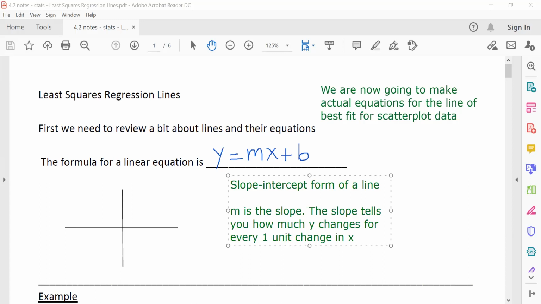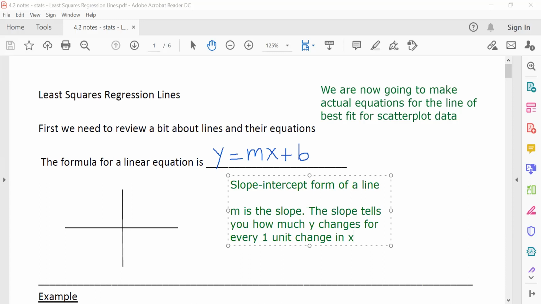If the slope were positive 3, then as I increase x by 1, y also increases by 3 because the slope was positive 3. If the slope were negative 2.5, then every time I increase x by 1, y decreases by 2.5 units because it's a negative slope.